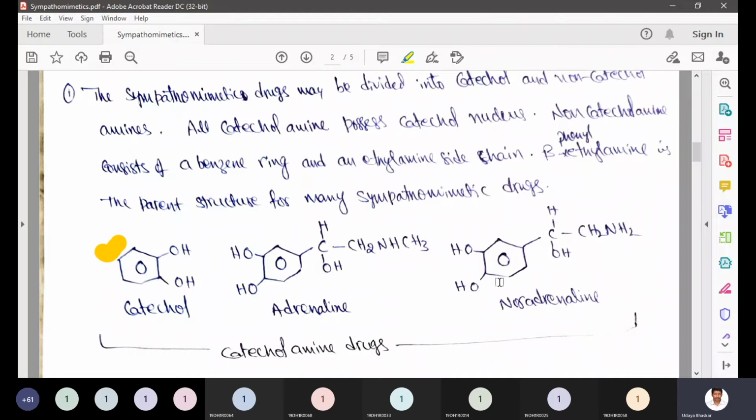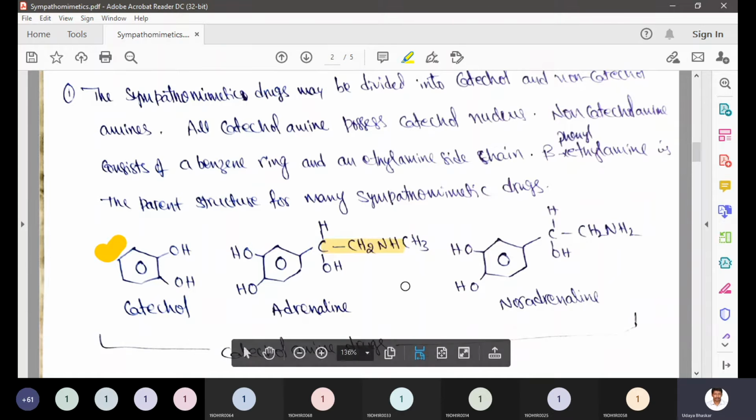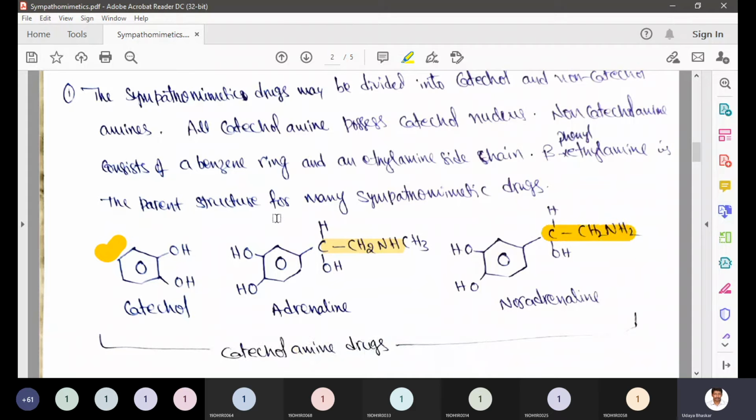Non-catecholamine contains a benzene ring and an ethylamine side chain. So this is the ethylamine side chain. CH2 is ethyl, NH2 is amine, ethylamine side chain.